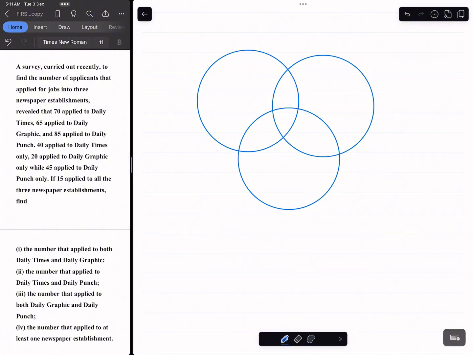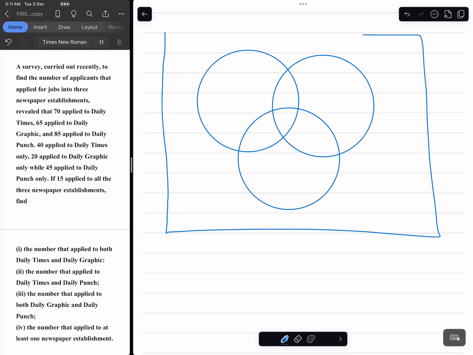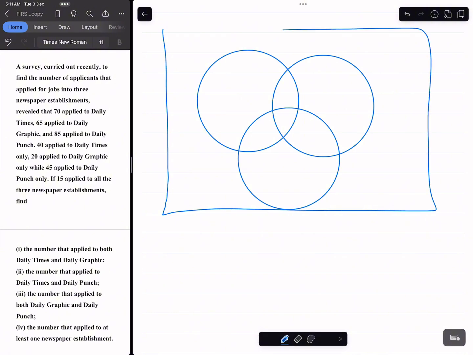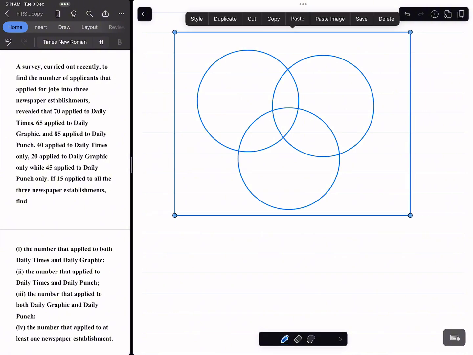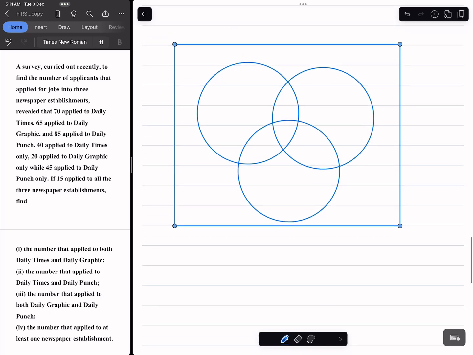This is going to be the universal set. We don't know the total number of applicants, so this is the universal set.